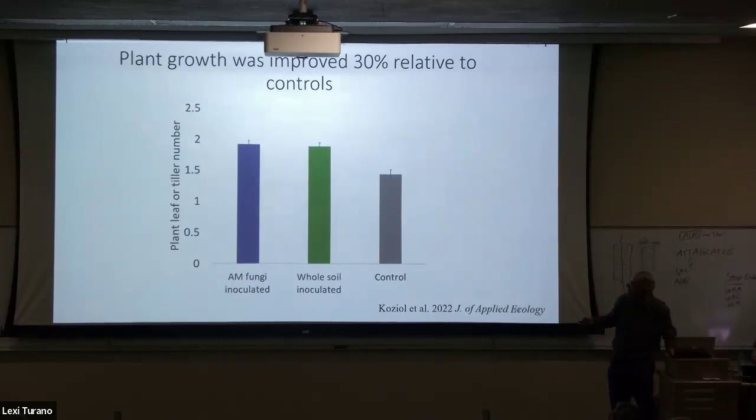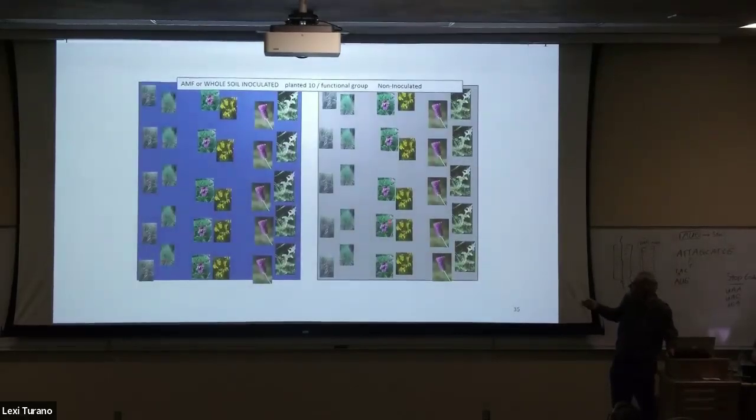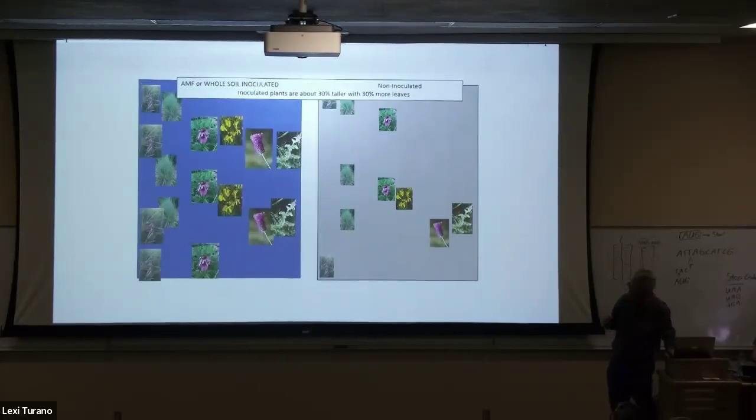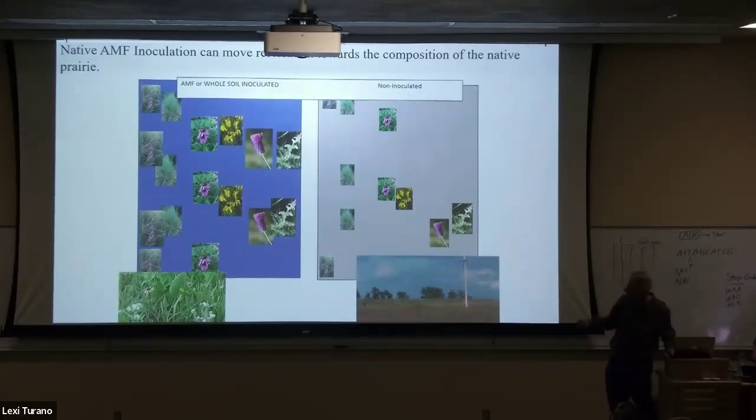So what that looks like, if you put out the same initial composition of plugs, is the differential survival in the first year looks like this, the differential survival in the second year looks like this, then the differential growth rate looks like that. So the whole thing gets you closer to looking like a remnant compared to the standard restoration practice.